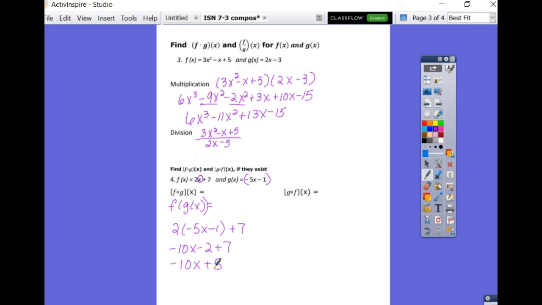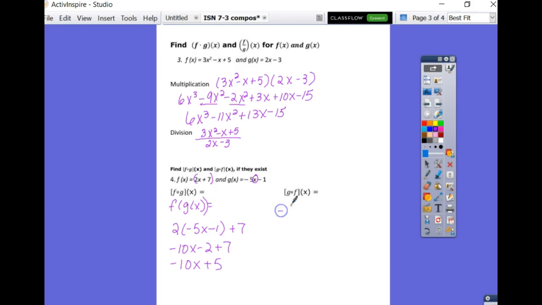So what do you think is going to happen this time on this side now? The opposite, right? So this time, the g is on the outside, so that means I'm going to put parentheses around the f, and where I see the x in the g, I'm going to plop it down. So does that make sense? You're going to take this and put it in for x.